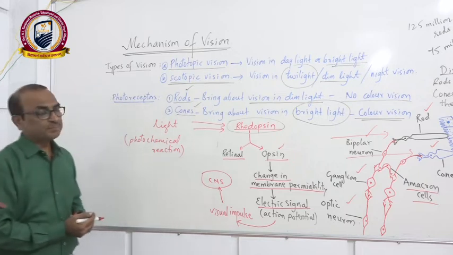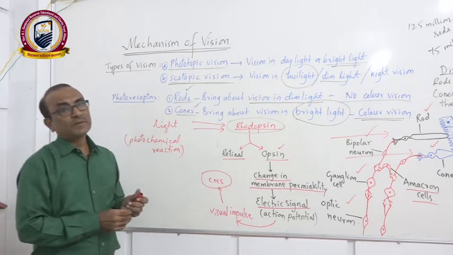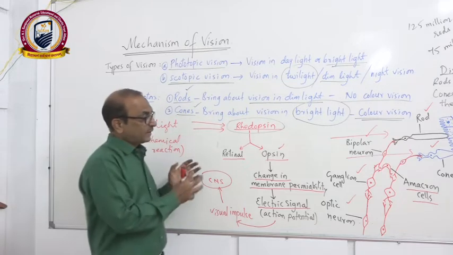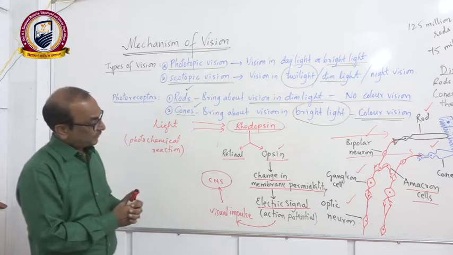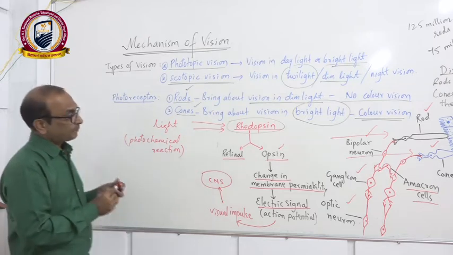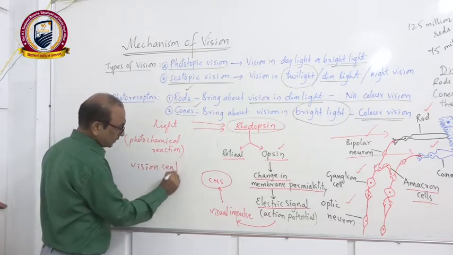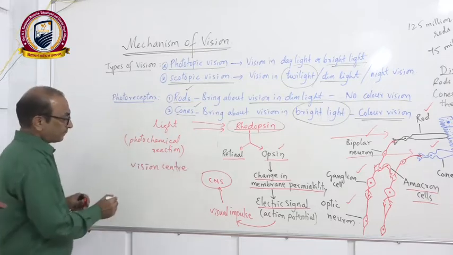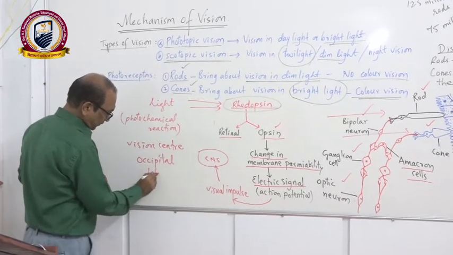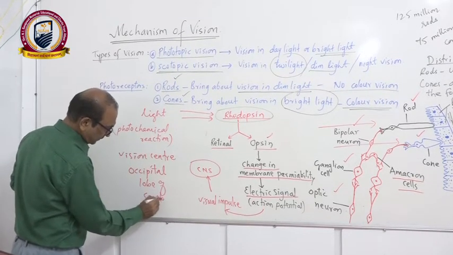In the central nervous system, it is first received by the optic lobes, or what we call corpora quadrigemina in humans, where the visual impulses are further processed and then sent to the vision center, which is located in the occipital lobe of our cerebrum.